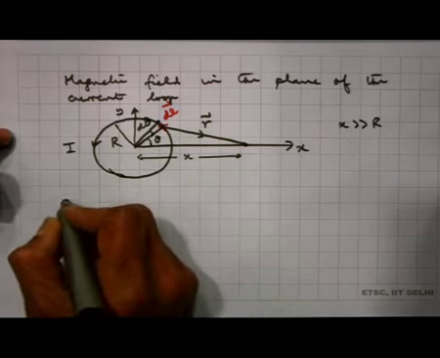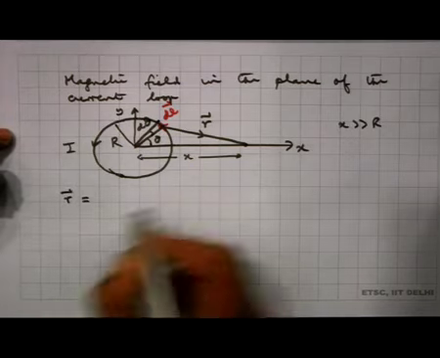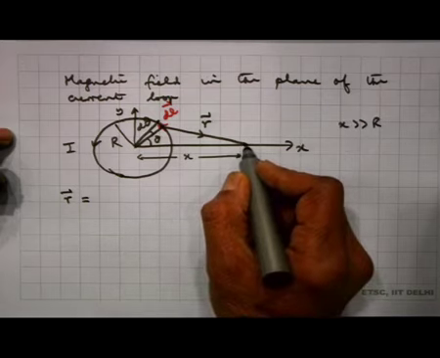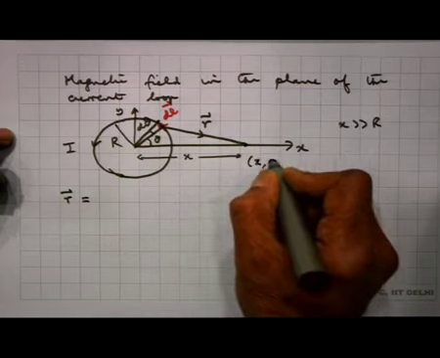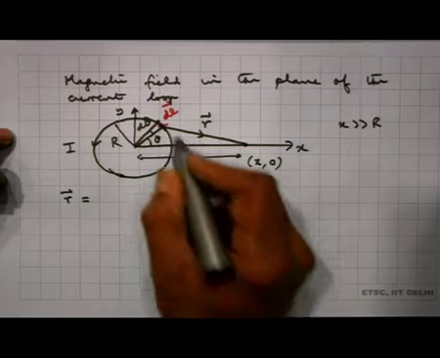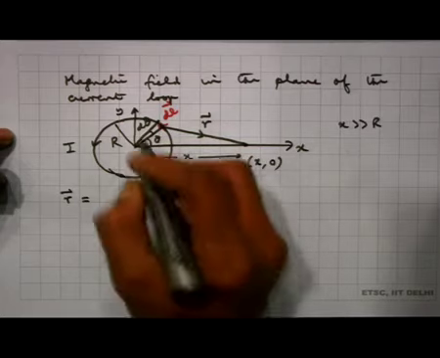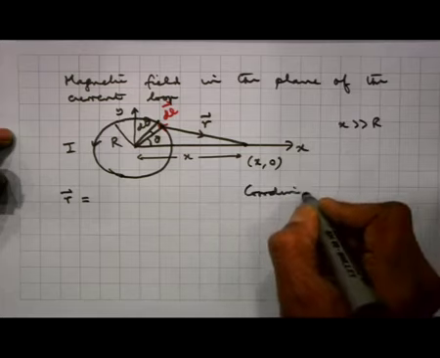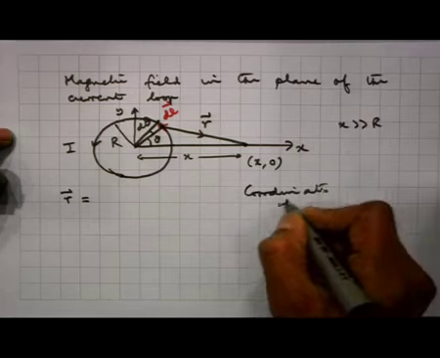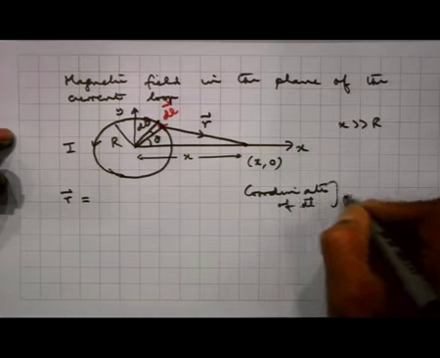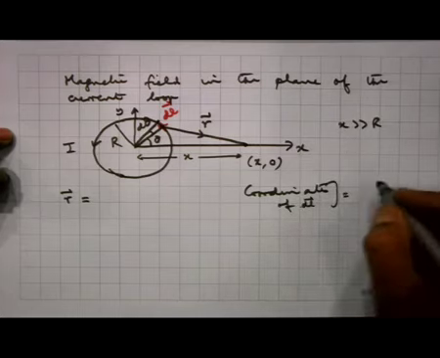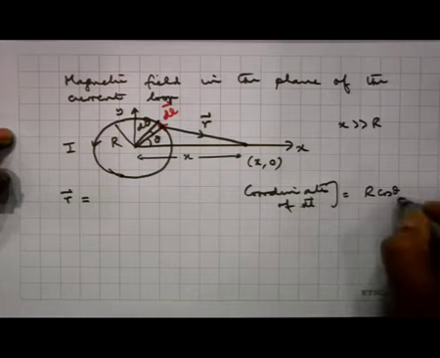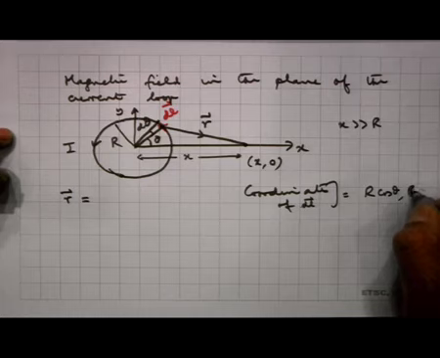So, what is the r vector? The r vector is the vector joining this point to this point. This point has coordinates x, 0, and the other point has coordinates r cos theta along x and r sin theta along y.